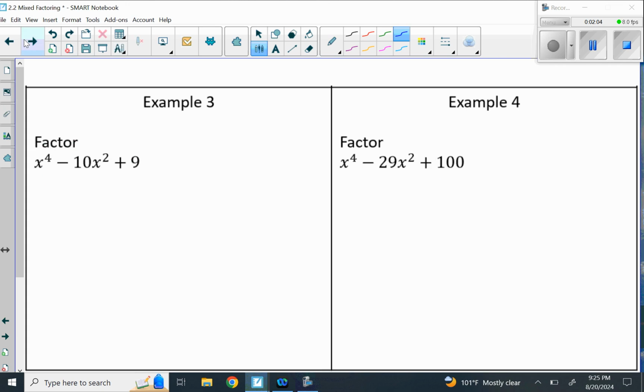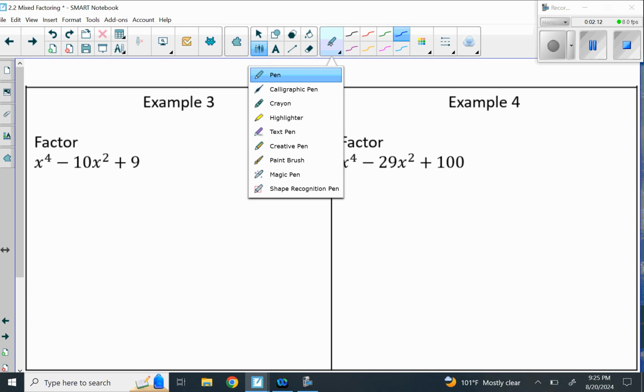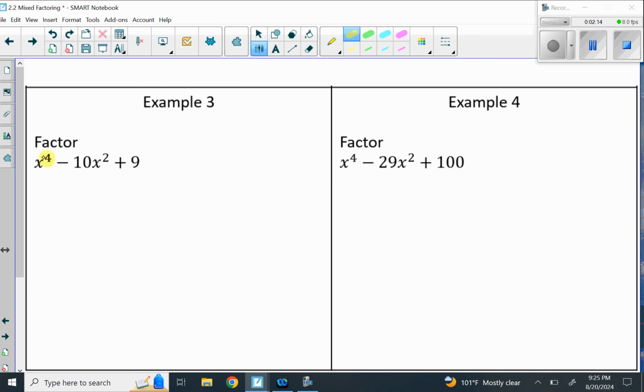Alright, so now here we have some simple trinomials, except we now have a power of 4, and then this is x squared. So you're going to factor it just like you would a simple trinomial. So we draw our x. A is 1, so 1 times 9 is 9. B is negative 10.